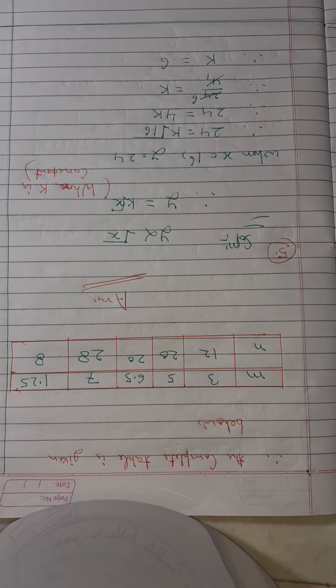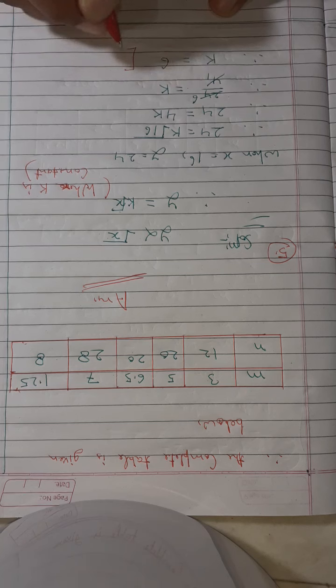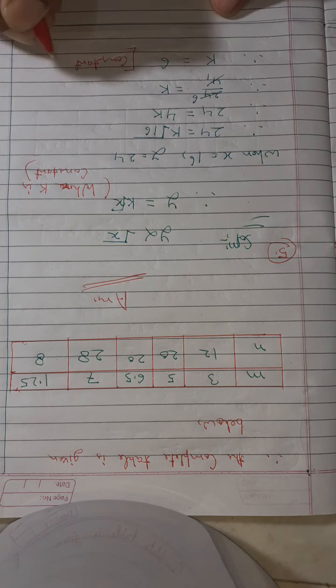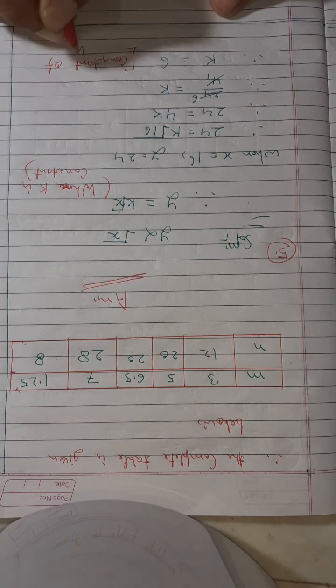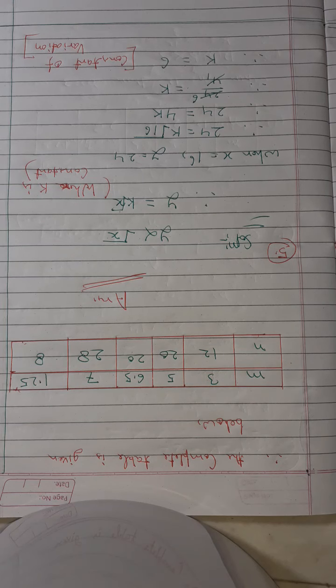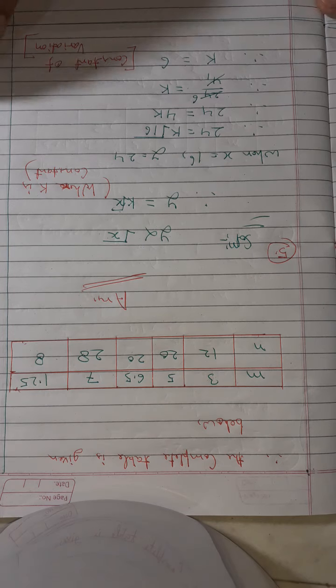Clear? This is what the constant of variation. So k is equal to 6, you got the constant of variation, and now you have to find its equation also. So its equation will be what?